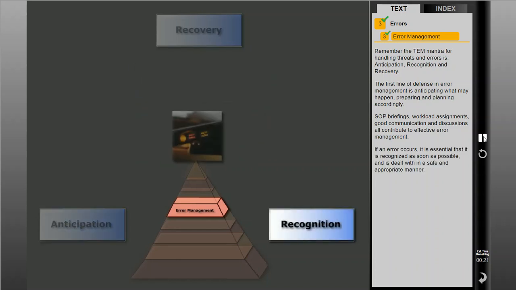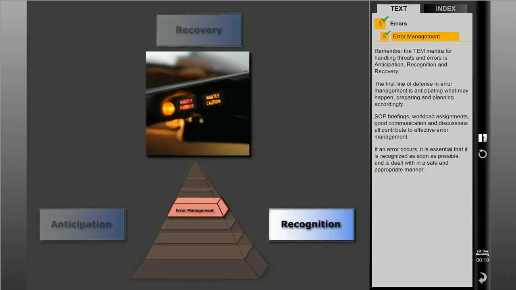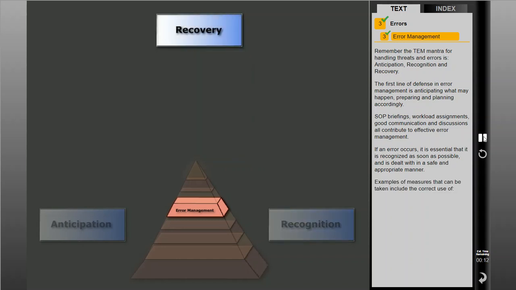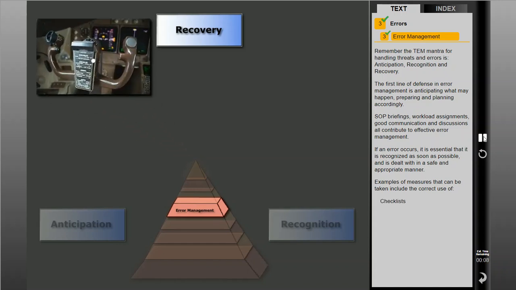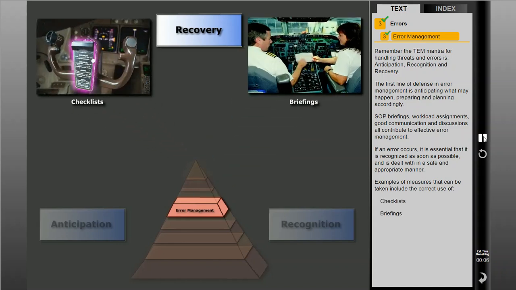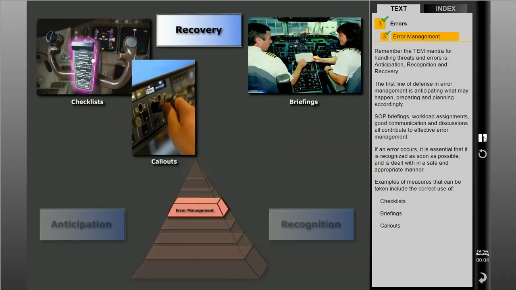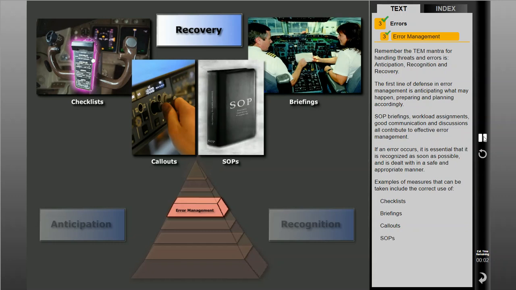If an error occurs, it is essential that it is recognized as soon as possible and is dealt with in a safe and appropriate manner. Examples of measures that can be taken include the correct use of checklists, briefings, callouts, and SOPs.